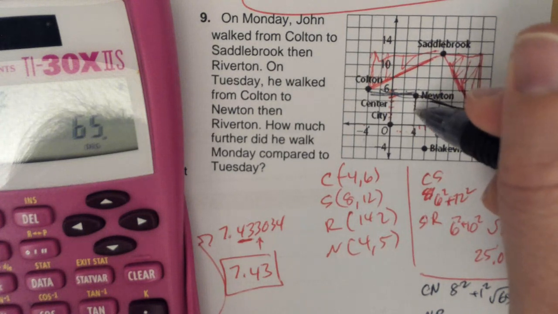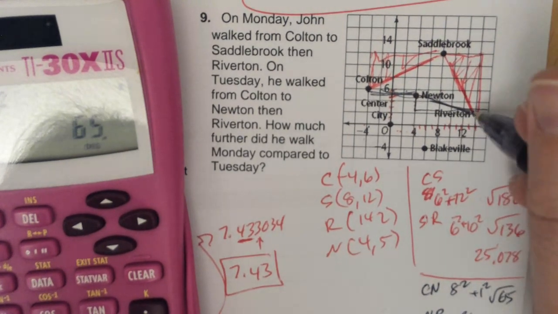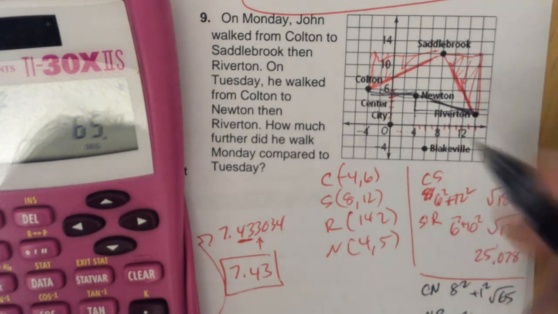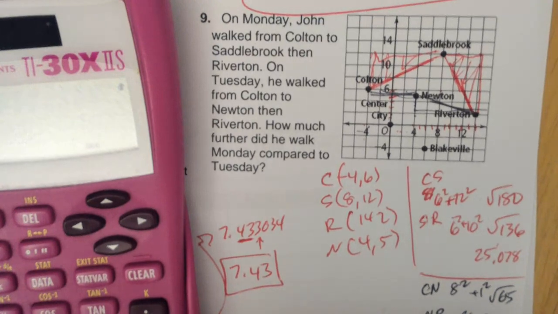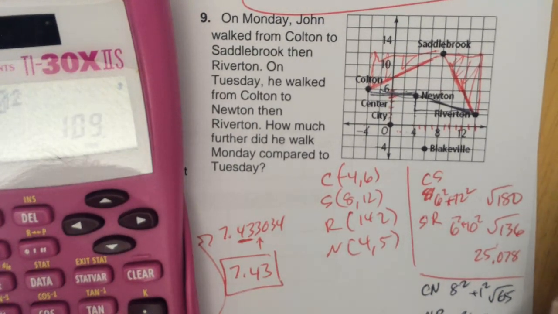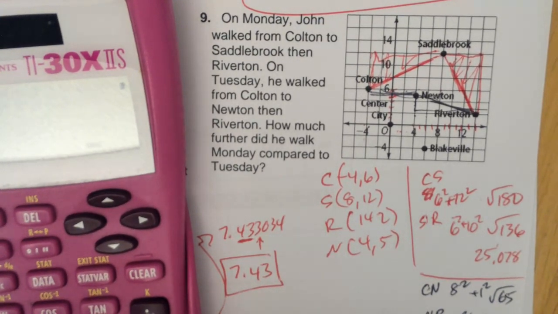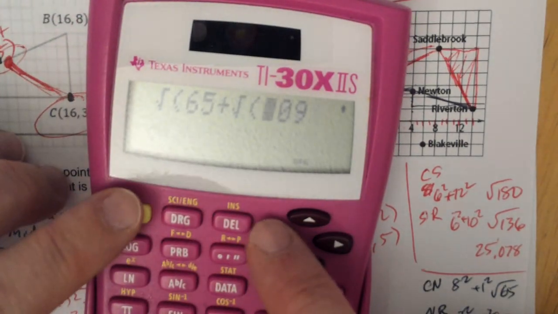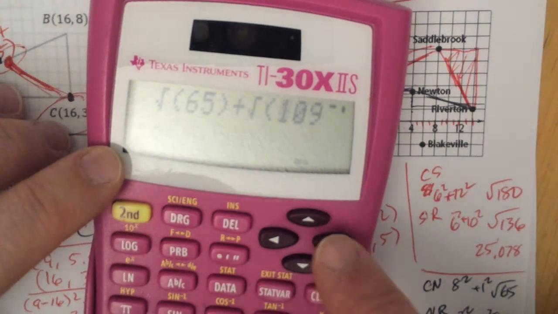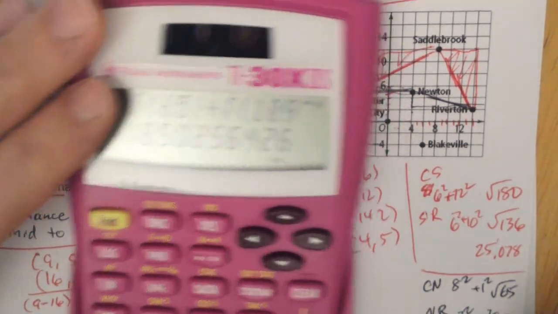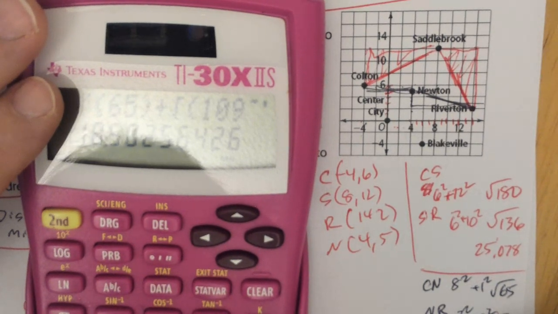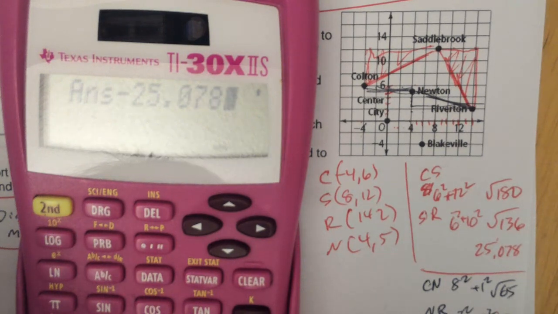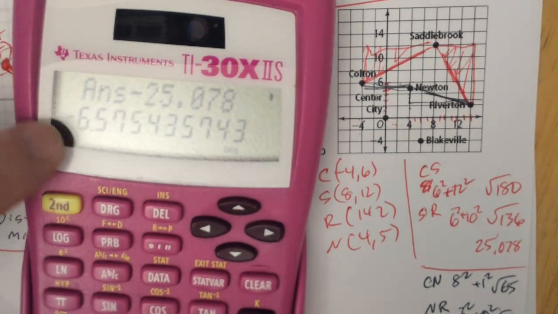So that's 1, 2, 3, so that's 3 hops by 2, 4, 6, 8, 10. So 3 squared plus 10 squared, and we get square root of 109. So square root of 65 plus the square root of 109. And I forgot to close parentheses, so let's do that. And we get about 18.5026.